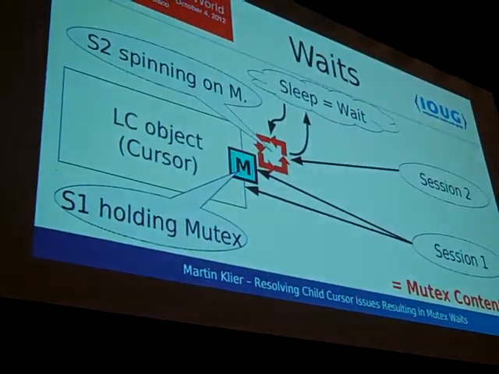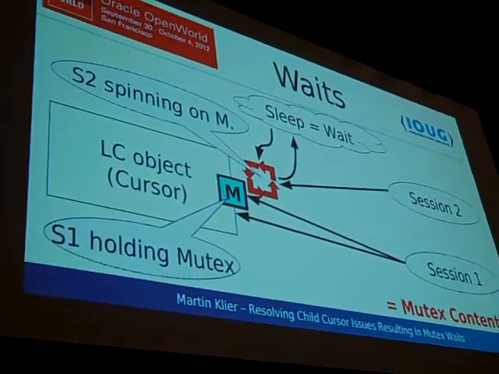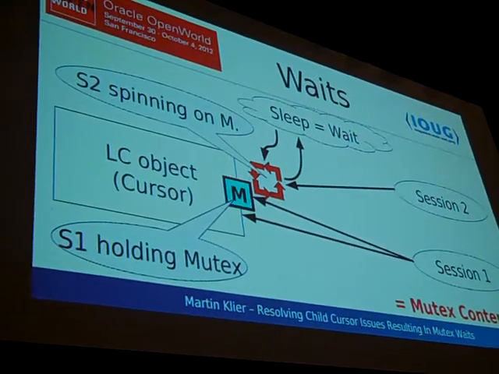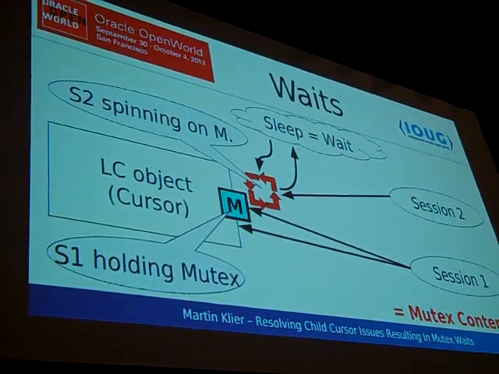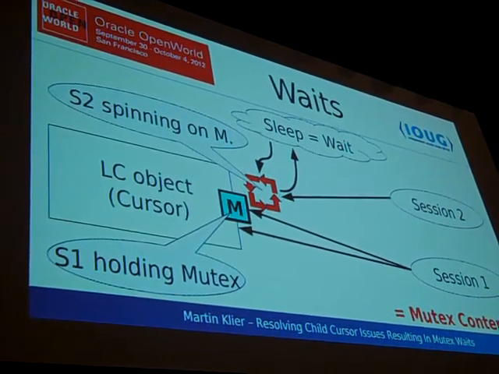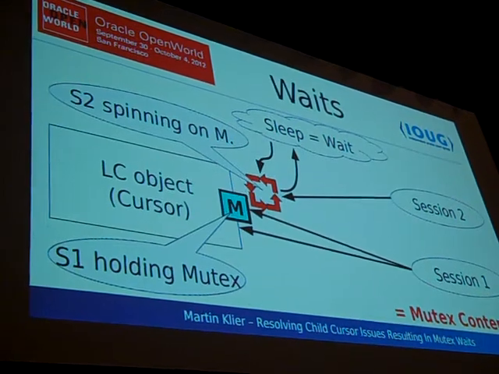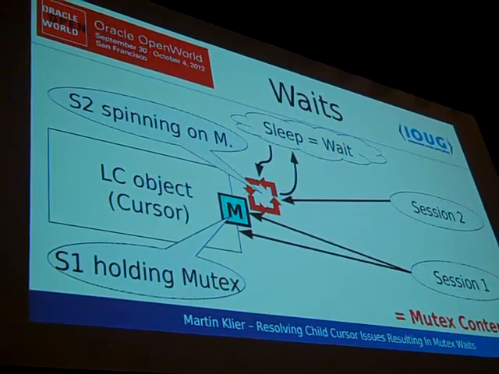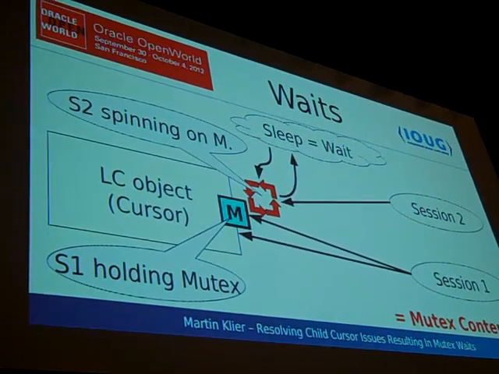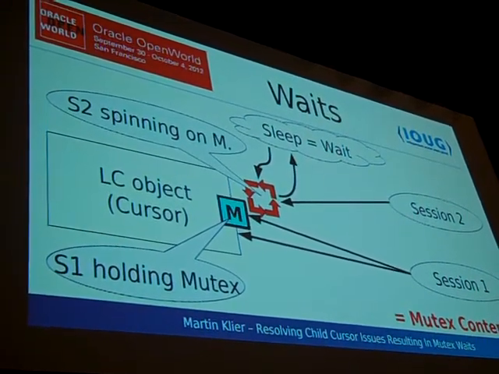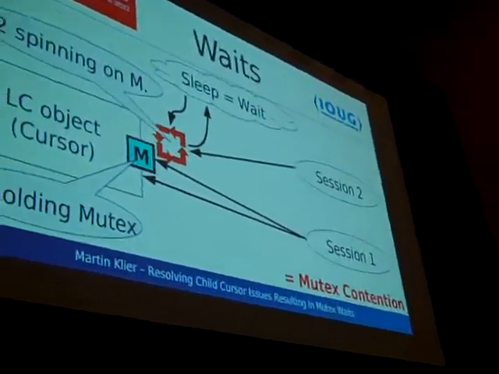For the same reason, Oracle implemented a spin count. The spin count on the Oracle database makes the session stop spinning after a number of loops. So, for example, if the spin count is 1000, after 1000 attempts, session number 2 stops contending for the mutex and goes off and sleeps.